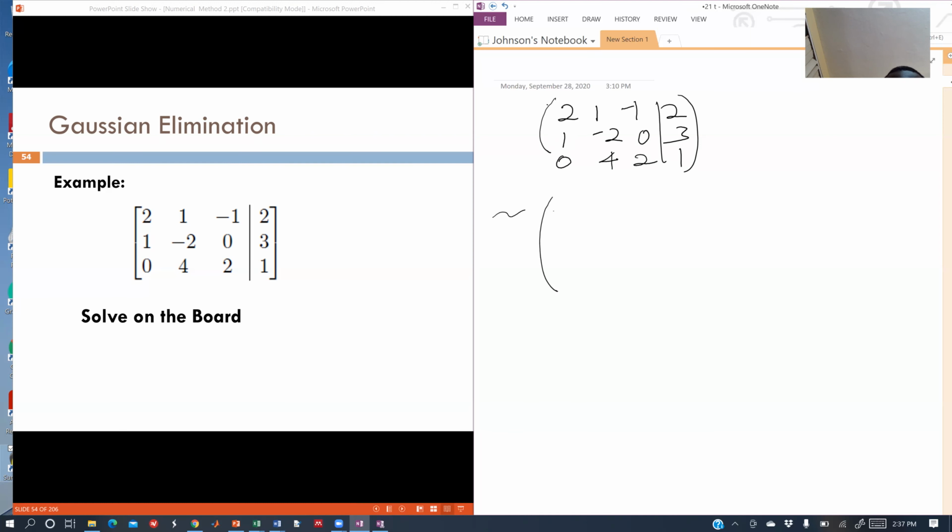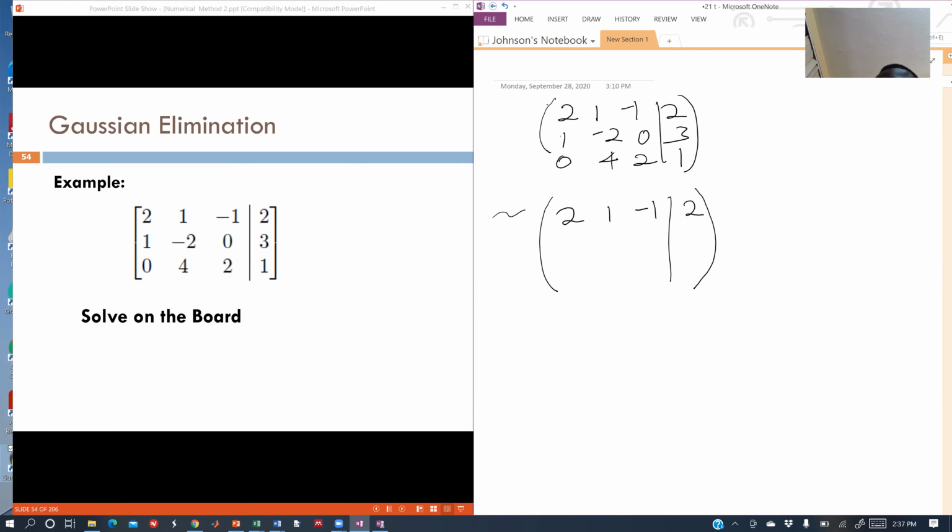So I have this as 2, 1, minus 1, 2. I need to replace the row 2 with a new form of row 2, where the first entry in row 2 has been changed to 0 through mathematical row operations. So let's look at how to do this.